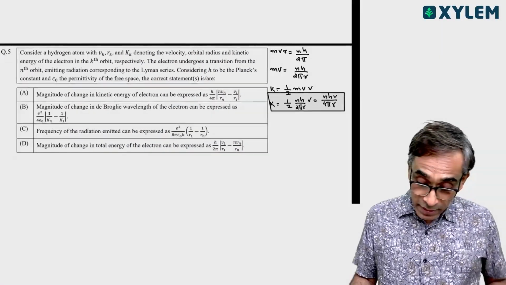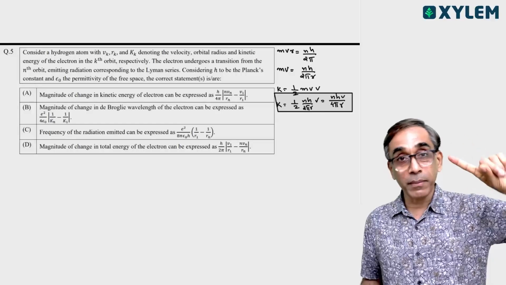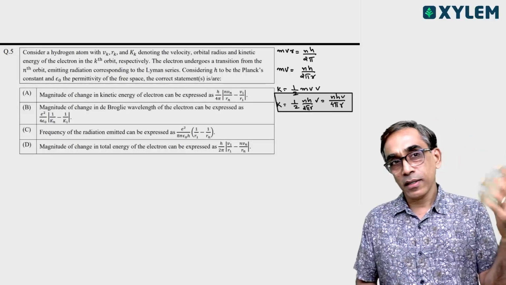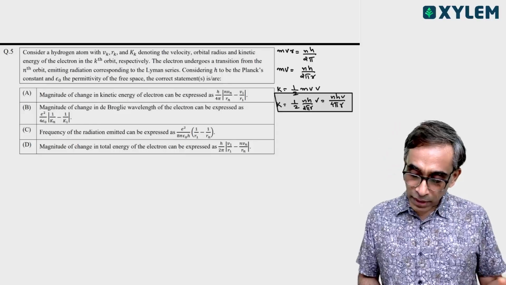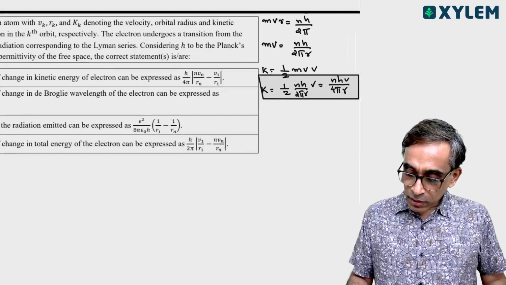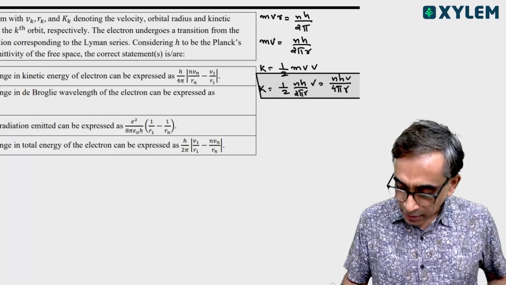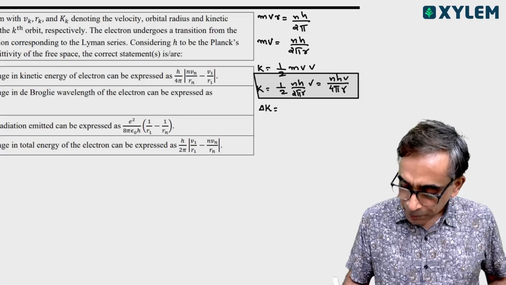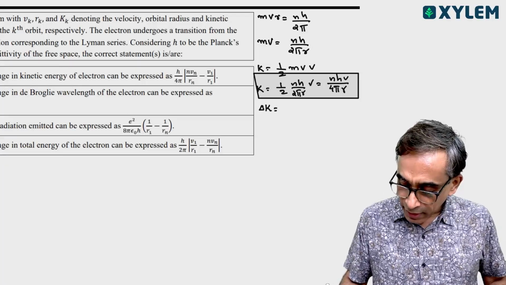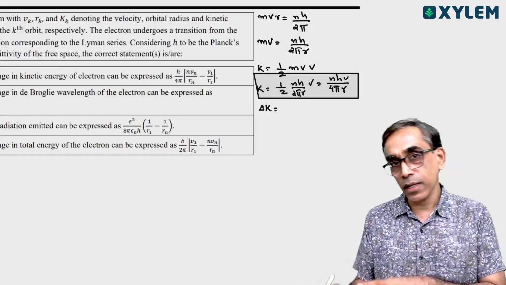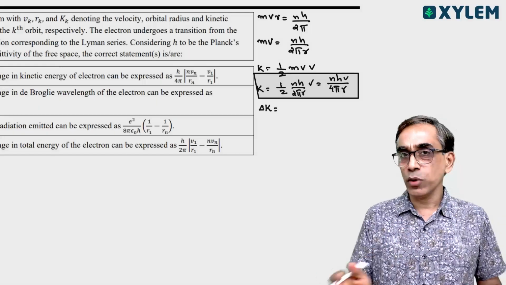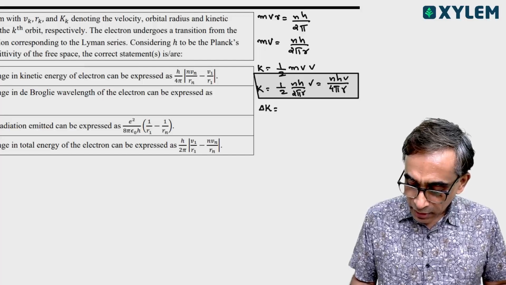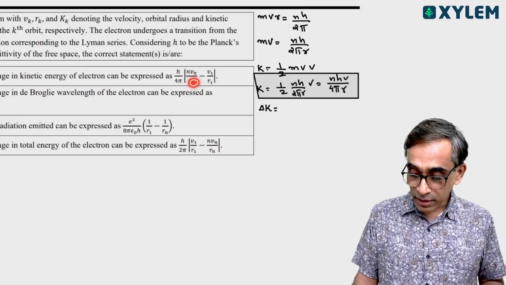Now this is coming from nth orbit to the ground orbit. Of course, in the nth orbit the kinetic energy will be less, in the ground orbit it will be more. So if you take the change in kinetic energy, I'm taking change in kinetic energy delta k. I can take it as initial minus final or final minus initial. Normally we do final minus initial, but here in the option it does not appear that way. Look, this is n, the nth orbit is initial, and this 1 is ground.